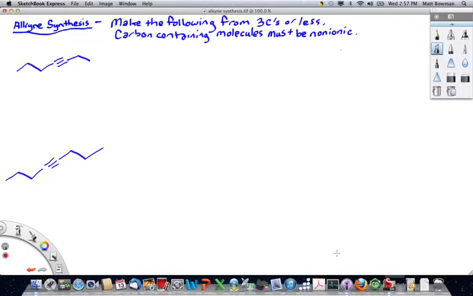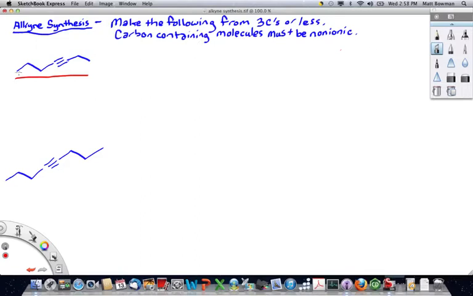Alkyne synthesis. Synthesis problems are an important part of organic chemistry. They essentially teach a certain type of logic. So, in this problem, what's being asked is to make this molecule, but the materials that you have to use must contain 3 carbons or less, and any carbon-containing molecule must be non-ionic.